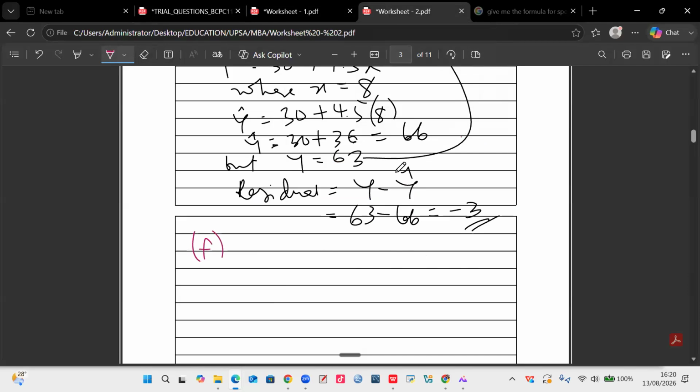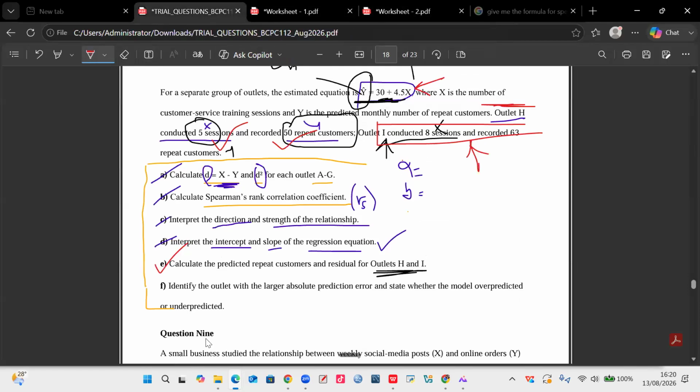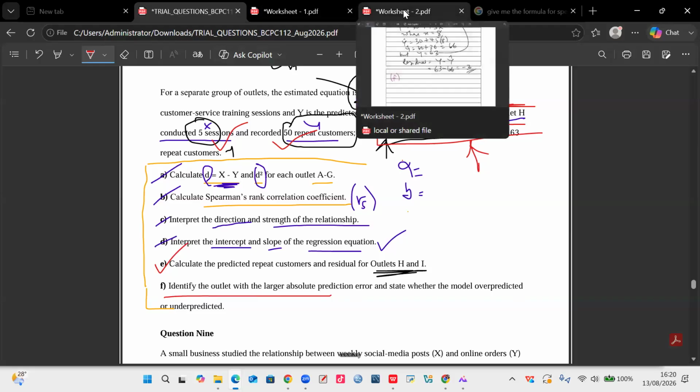Let's go to F. Read it. Identify the outlet with the larger absolute prediction error and state whether the model overpredicted or underpredicted. It's just like the first one. So what do we do?